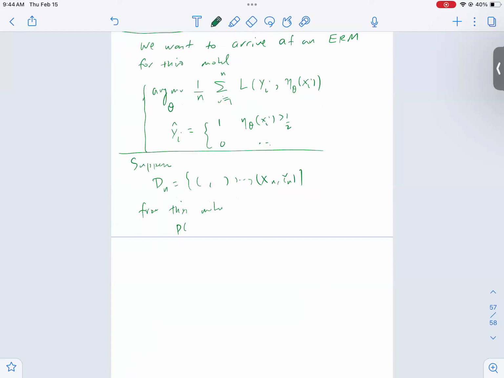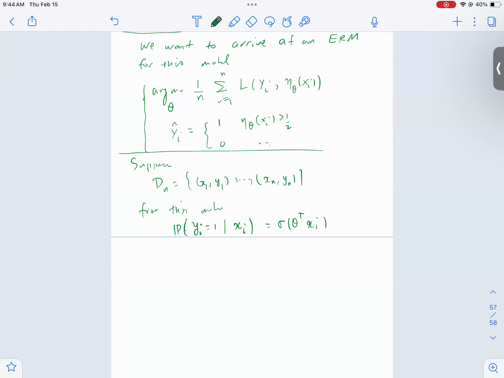Okay, so let's do this. I just know that the probability of yi equal 1 given xi is sigma of theta transpose xi.